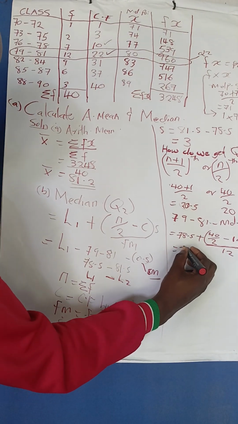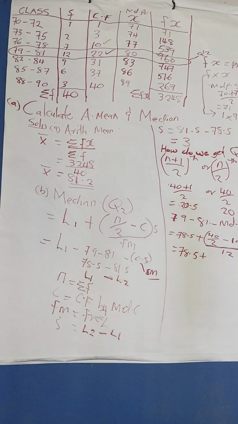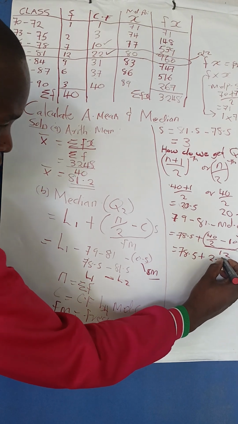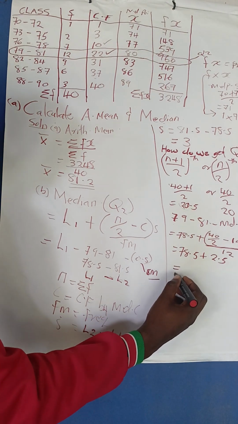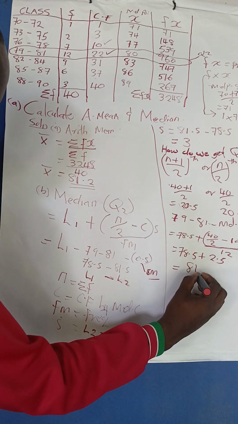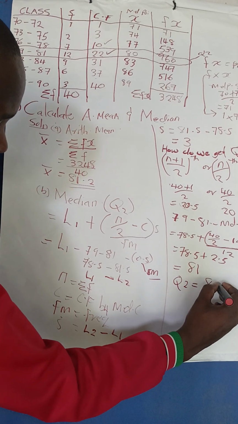So it will be 78.5 plus 30 divided by 12. 30 divided by 12 will be 2.5. So when you add the two, you have your median as 81. Or you can say my Q2 is 81.